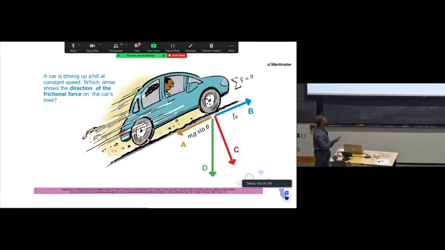So here is the solution. Net force is equal to 0 because the car is driving up the hill at a constant speed. The other force acting on the car is mg sine theta in the downward direction, and obviously the friction force has to be there to balance it so that the net force in that direction is 0.